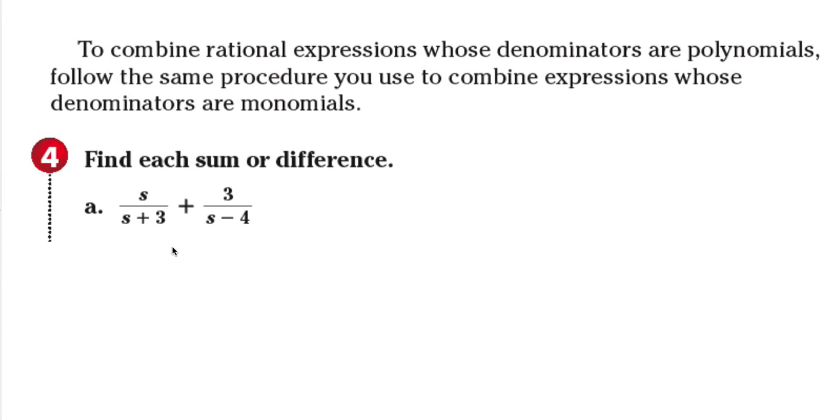Okay, now contrary to popular belief, the LCM is not s plus 3 minus 4 simply because there are two s's. Remember, you're looking for least common multiple. Therefore, in this case, your least common multiple would be s plus 3 and s minus 4.